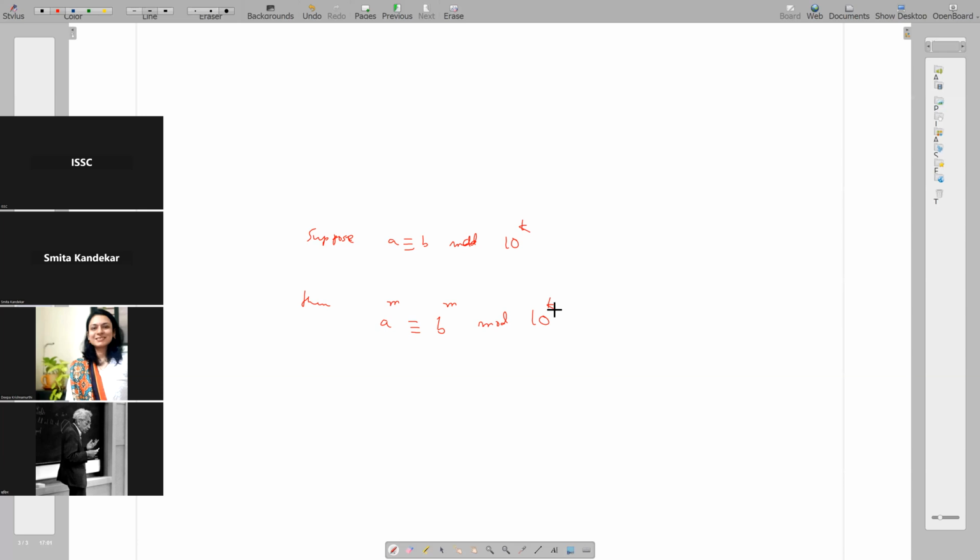And now suppose M is coprime to 10. Then what happens is, now this is number 10. Then what is phi of 10 raised to k?